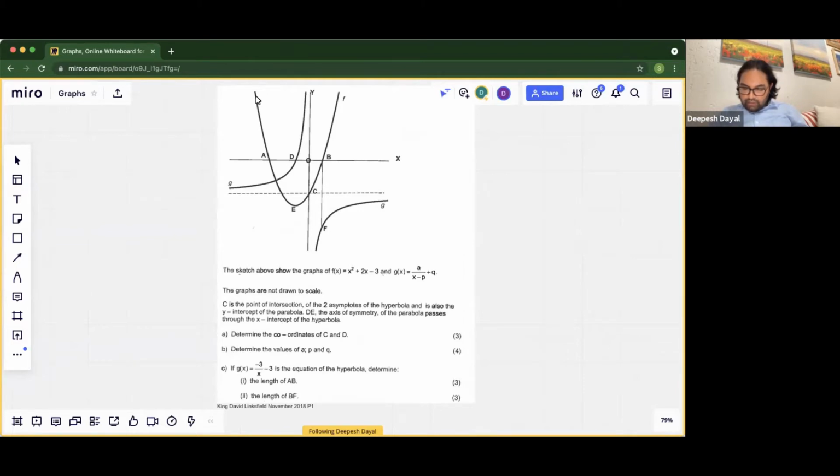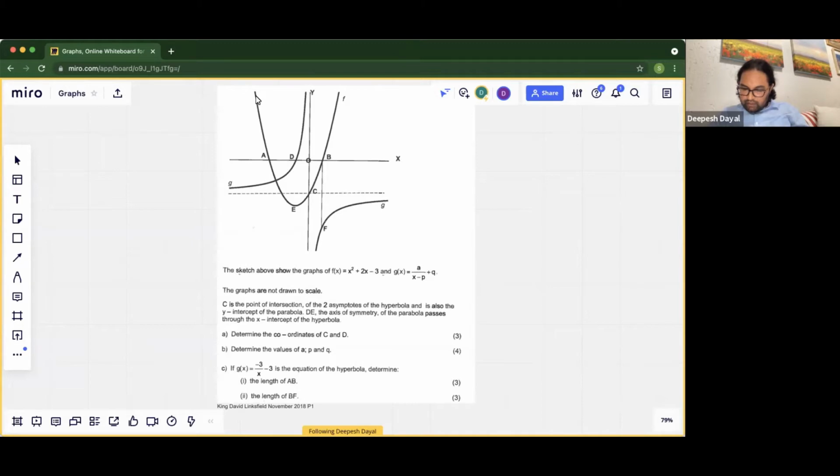So we've got two graphs. We've got the parabola and we've got the hyperbola. The graphs are not drawn to scale. C is the point of intersection of the two asymptotes of the hyperbola and is also the y-intercept of the parabola. DE, the axis of symmetry of the parabola, passes through the x-intercept of the hyperbola.